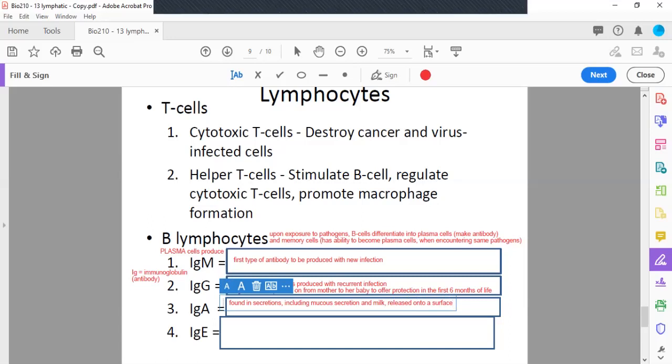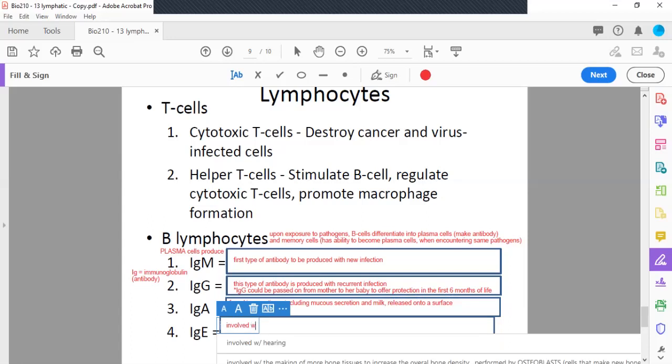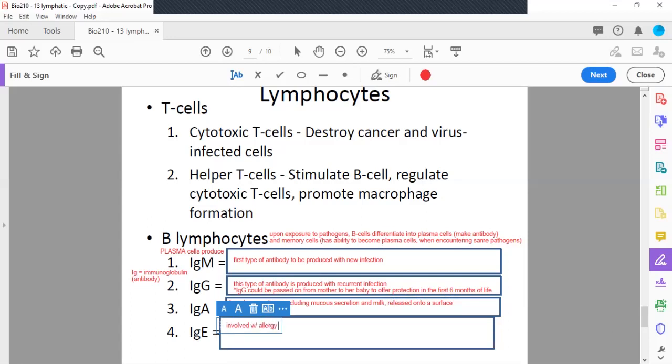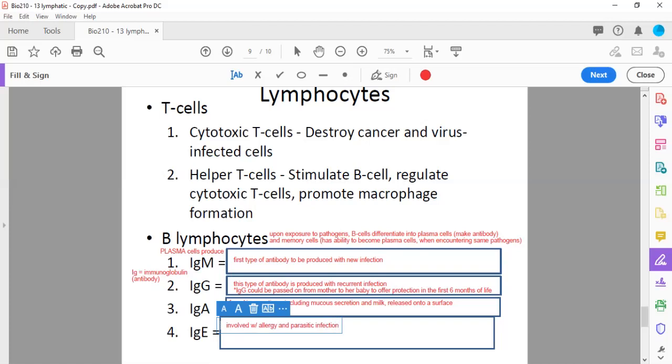IgE is involved with allergy and parasitic infection. So when there's a spike in IgE, it indicates that you have allergy or you could have parasitic infection.